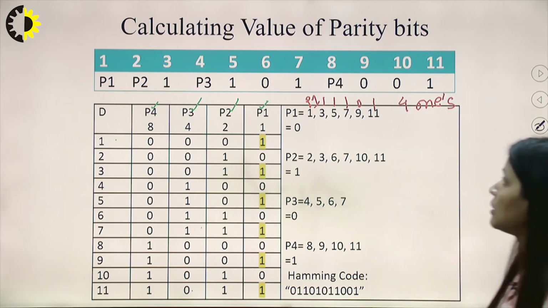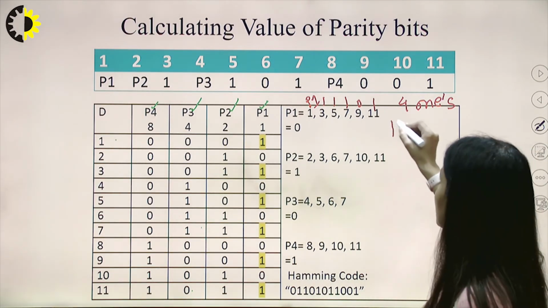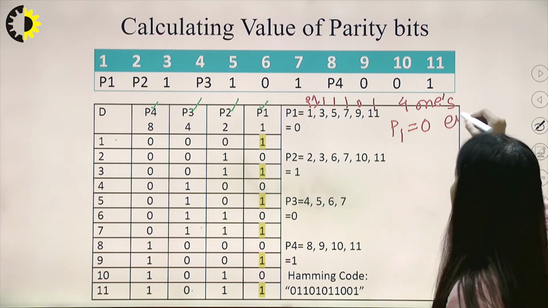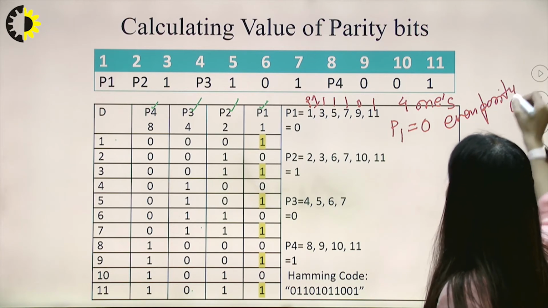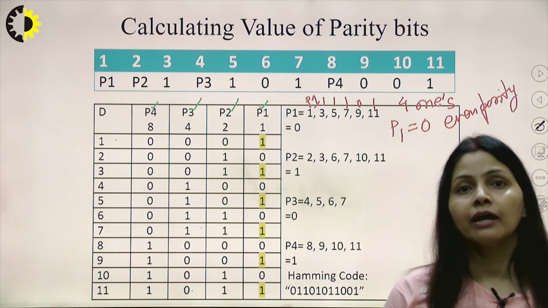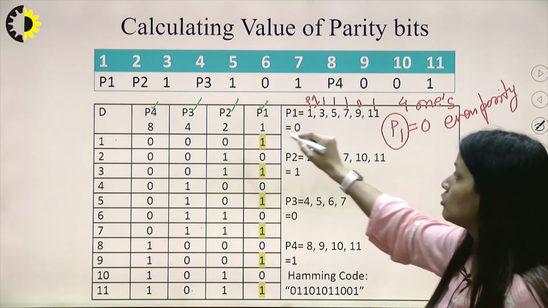Okay, if I have 4 ones, that means if I take P1 equal to 0, then it will satisfy even parity, because the ones which are occurring are already 4. So I will take P1 equal to 0.